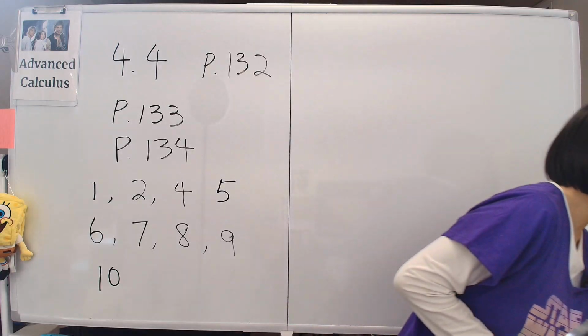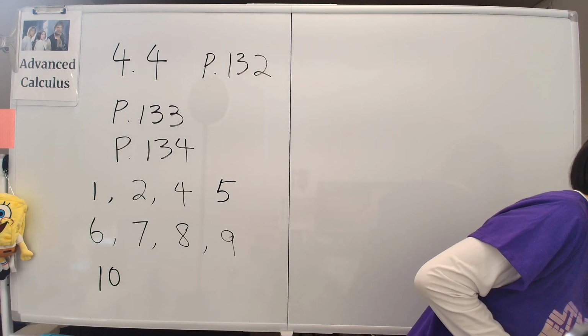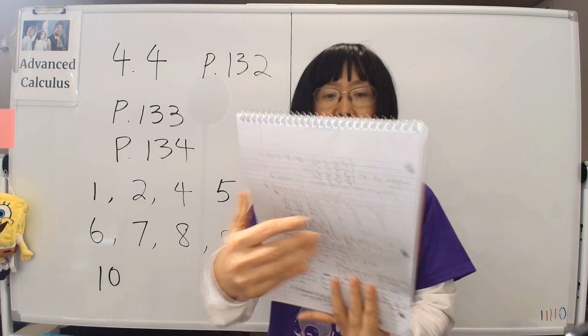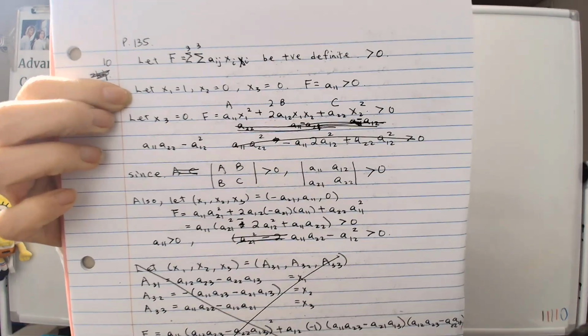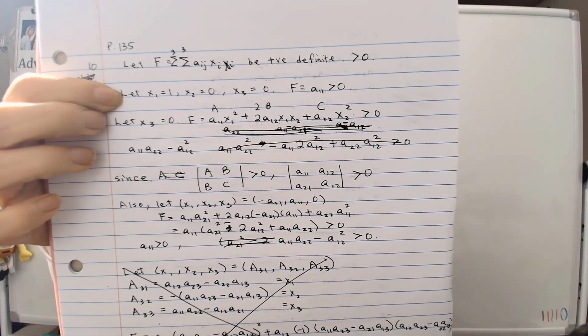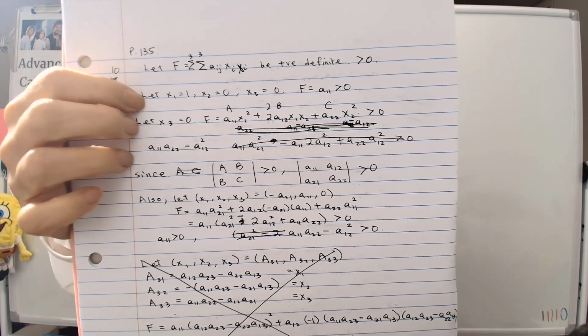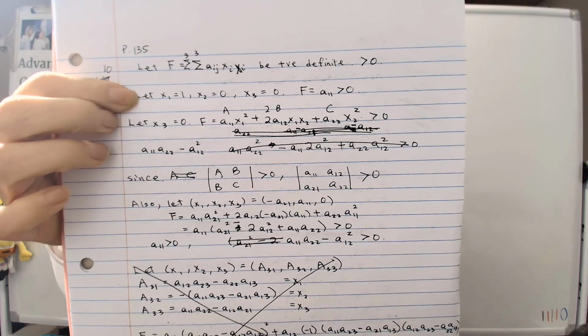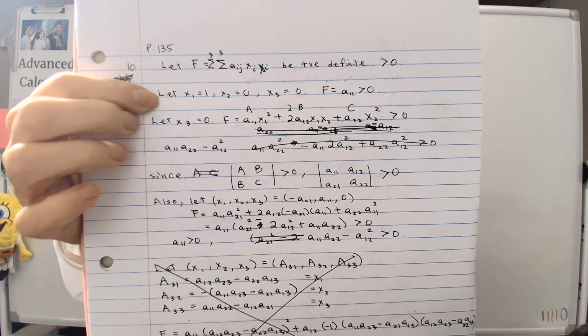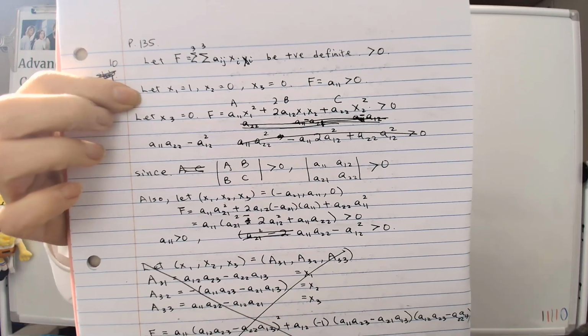The problem gave us hints on how to pull this off. The first hint, I could have guessed that myself: you just plug in x1 equal to 1, x2 and x3 equal to 0. Then very quickly you notice that F equals a11, which is bigger than 0 because F is positive definite. So you prove that a11 is greater than 0.